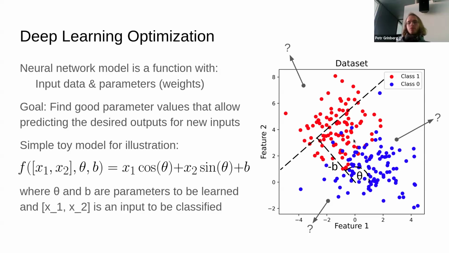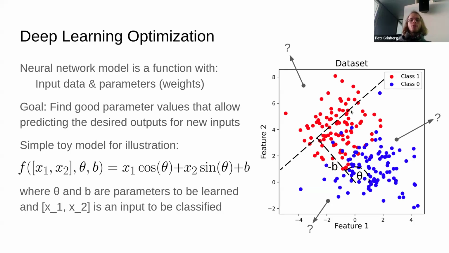Let's have this example on the right. You have a data set with points in 2 dimensions. Feature 1 and feature 2 are x1 and x2, and you have 2 classes, blue and red. You also have some unseen data, which are these black points here.